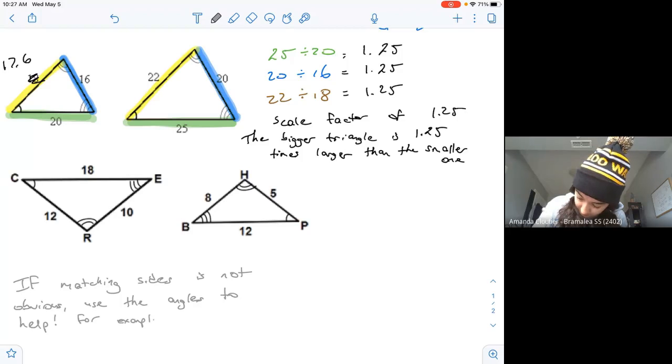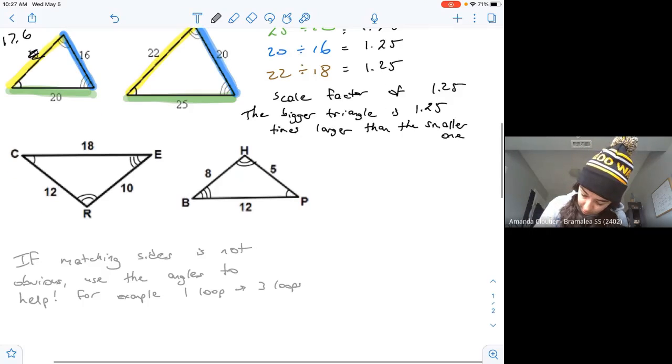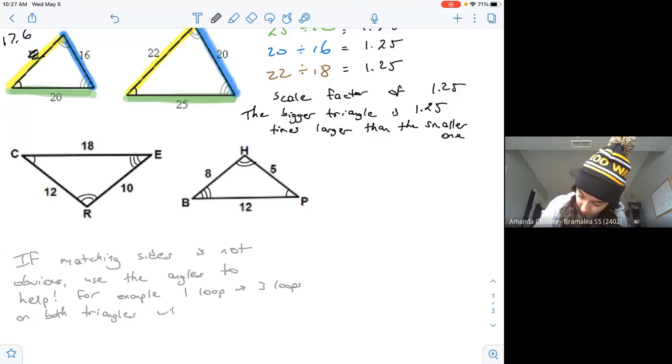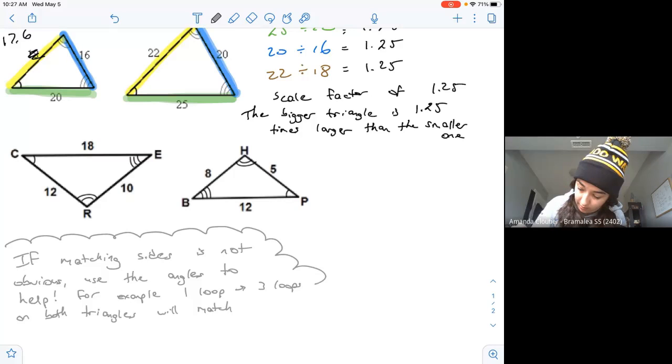For example, one loop to three loops on both triangles will match. So there's my little thought bubble off to the side here.